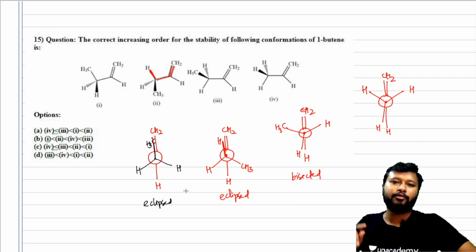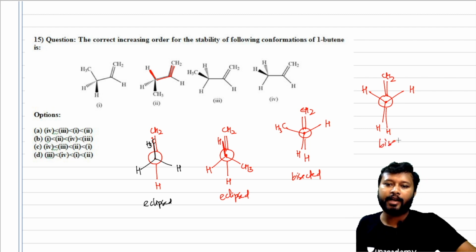So one thing you have to remember: in alkenes, when we are finding out the stability, eclipsed ones are more stable than the bisected ones, and among the eclipsed ones, where the hydrogen is in the same plane with this CH2, that is going to be most stable because of hyperconjugation.